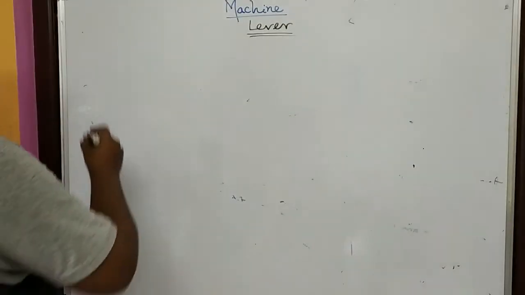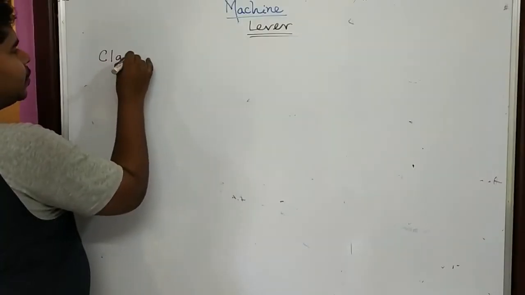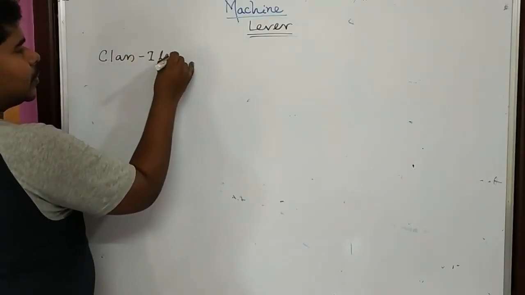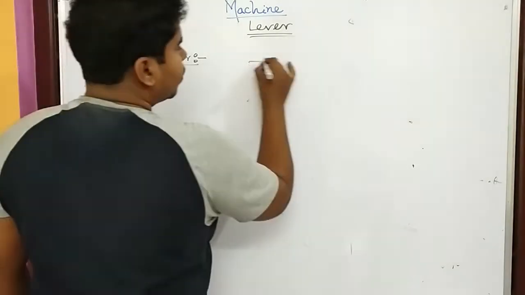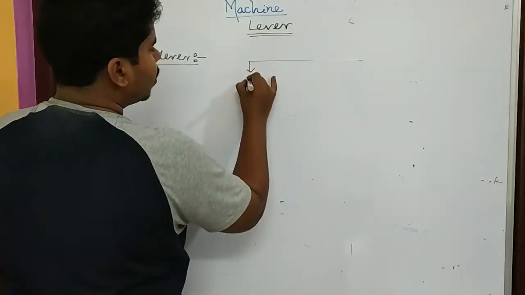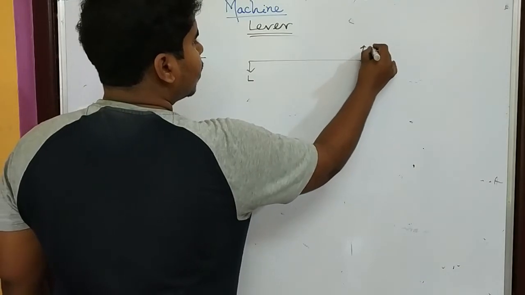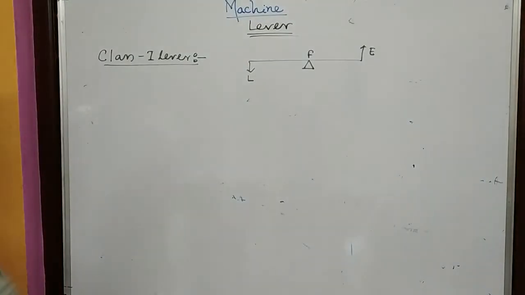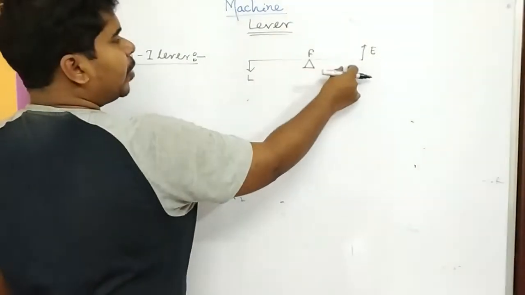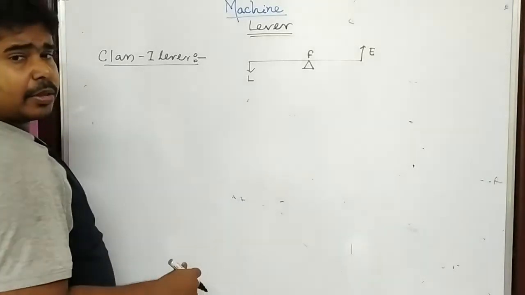If I'm talking about class 1 lever, here this one is load, this is effort, and at any point the fulcrum is there. I have already told that the position of the fulcrum can be changed to any point.